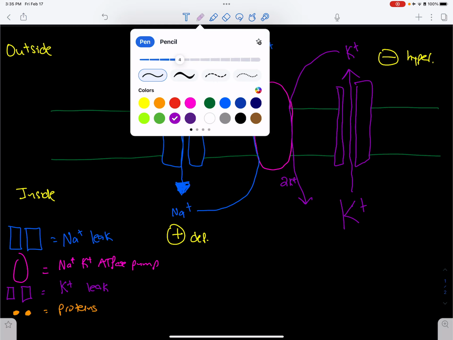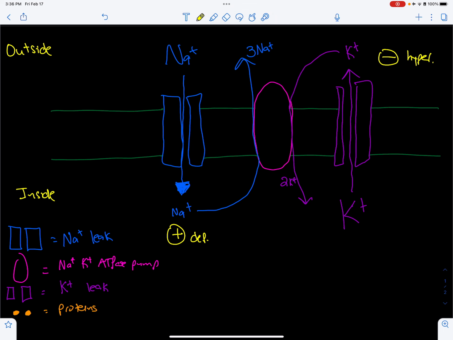So if we take into account the fact that we're pumping 3 positive ions out, but we're only bringing 2 in, this is also hyperpolarizing. Basically, as soon as sodium enters the cell or potassium leaves the cell, it's pumped back, but it's not an equal amount of charge. And so this helps maintain that negative membrane potential.